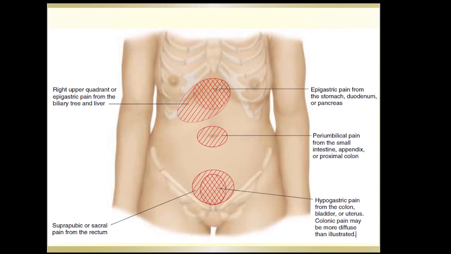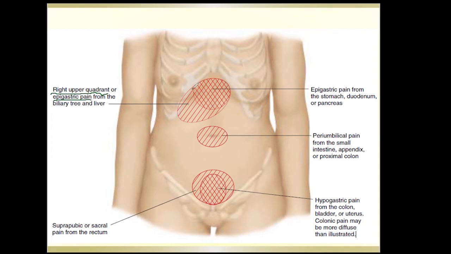Okay. So this picture here still tells us some location relationships with the anatomy of the organs, and some pain maybe coming from different organs. Pretty similar to what we talked about before. So like the right upper quadrant here, or even some pain from the stomach.